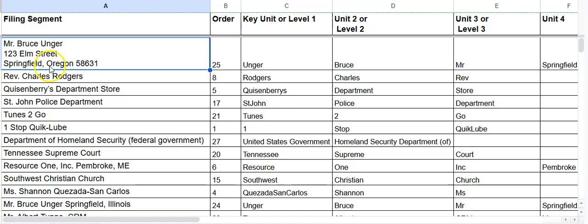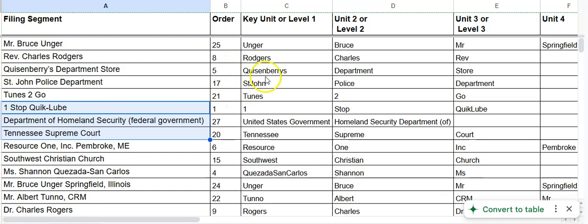So you might have 2 people or 2 businesses with the same name, with the same city and state. So remember that if all of those match, you then have to include the street name in your filing segment. You can review this in chapter 5 of your e-text.